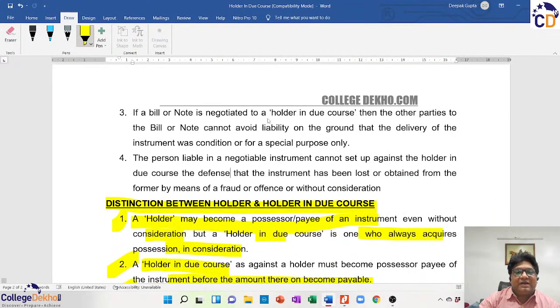For example, in the case of third, when you created the instrument, you said that this instrument will be payable or will be liable to be paid only for these purposes.